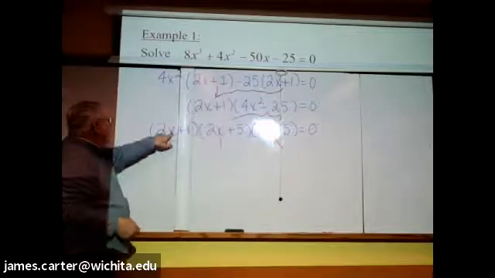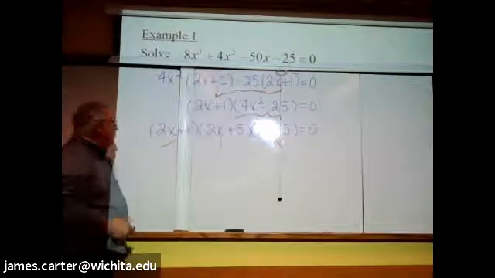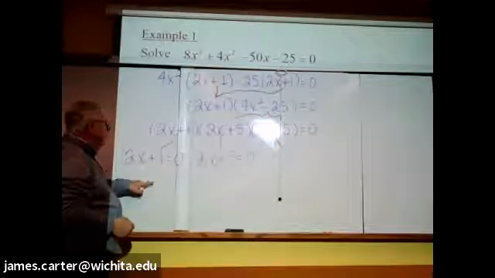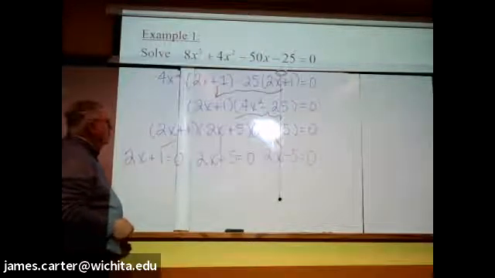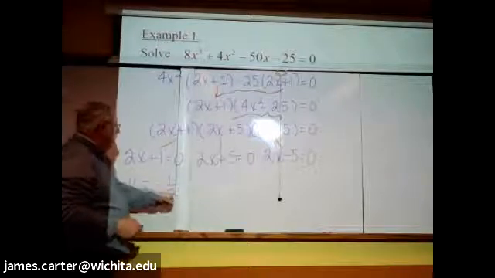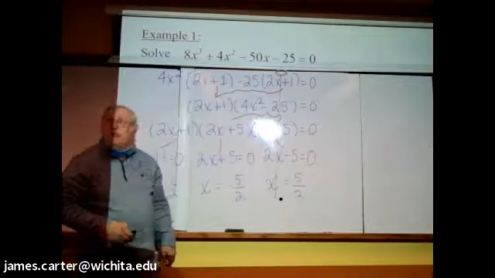So now what I've got is I've got these 3 terms, and I have to use the 0 products rule. This one gives me this equation, and that equation, and the third equation. I get negative 1/2, I get negative 5/2, I get positive 5/2.